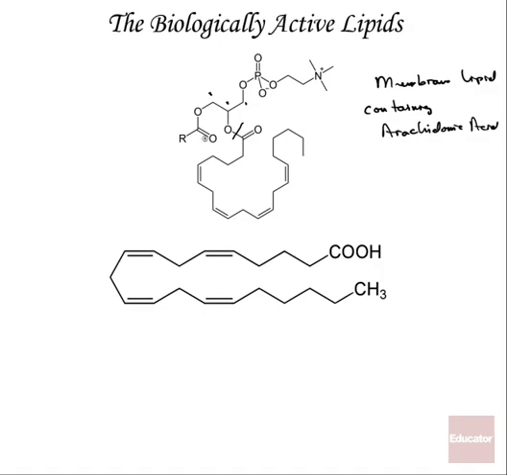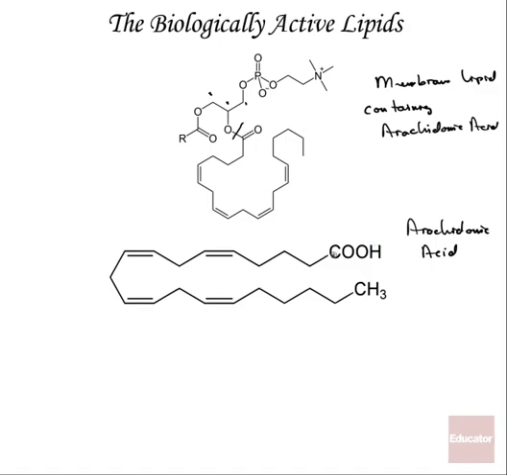And this is our arachidonic acid right here. Once we break that, this is our arachidonic acid, our fatty acid. So this is arachidonic acid, or arachidonate. It doesn't really matter. Arachidonate just means you've deprotonated that, and now you have the negative charge on it.